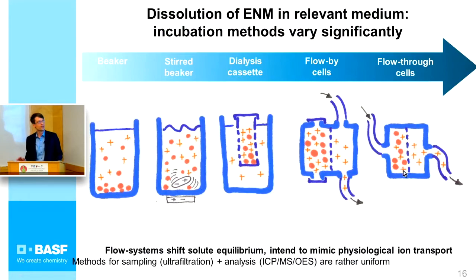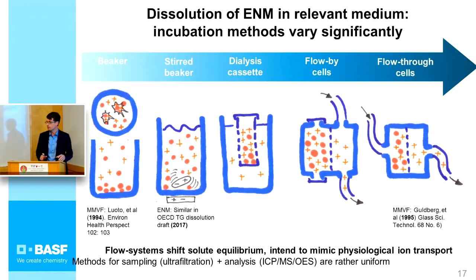None of this is new. I would like to highlight that the mineral fibers community has used this extensively in the 1990s. So I don't claim we invented anything new. We just adapted it to nanomaterials, and we think it's extremely useful.